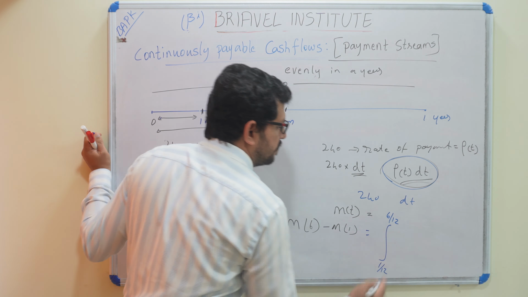So generally we can write the formula. Taking this time interval as alpha and the other as beta, M(beta) minus M(alpha) is equal to the integral from alpha to beta of rho(t) dt.